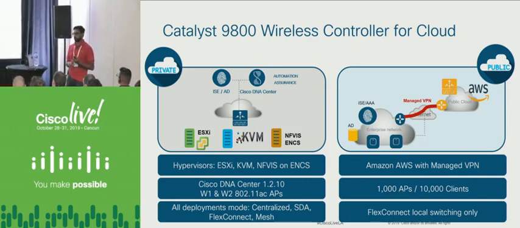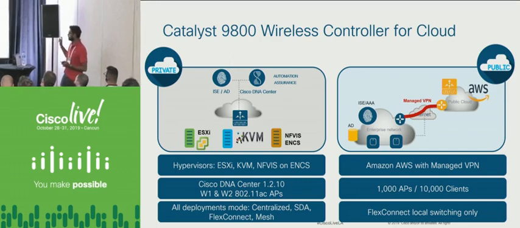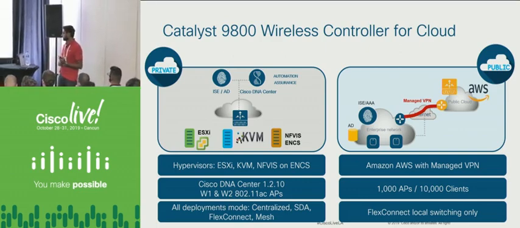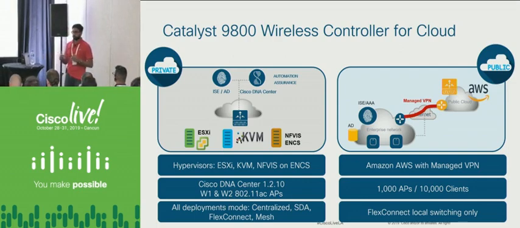That means all the modes of operation are supported, and all the tools that are available in appliances are also available to the private cloud version. For the public cloud, only Amazon Web Services is supported for now, with a managed VPN gateway set up in your branch deployments, 1,000 access points and 10,000 client scale, and FlexConnect is the only mode, which makes sense because you do not want to bring all the data back into your cloud and bear the cost for that.